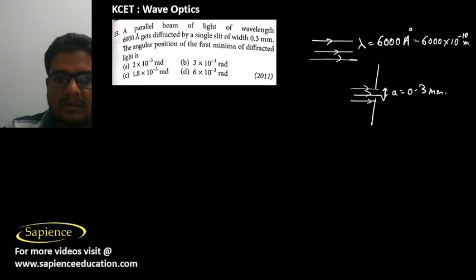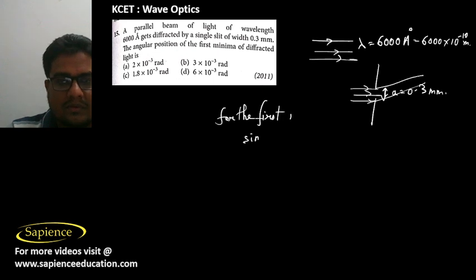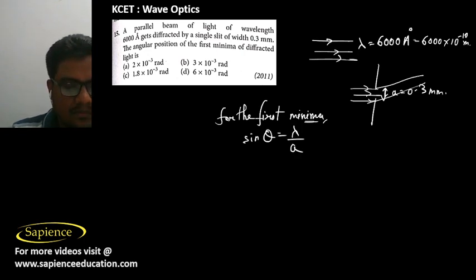The angular position of the first minima of diffracted light is. For the first minima we have sine theta equals lambda by A, where A is the width of the slit, lambda is the wavelength used, and theta is the angle of diffraction.